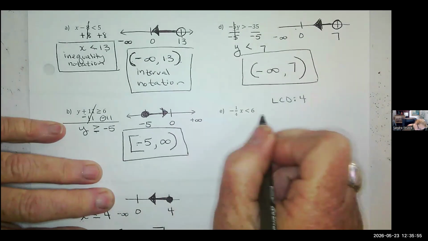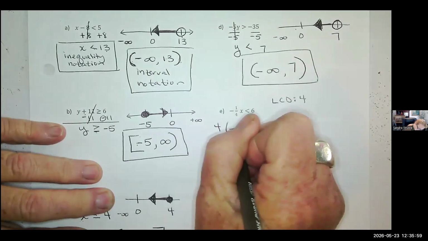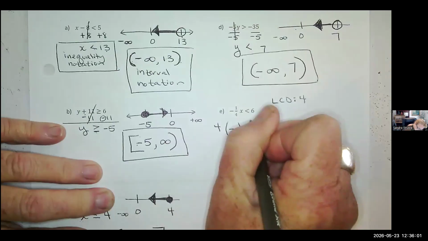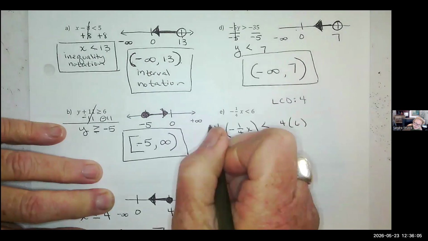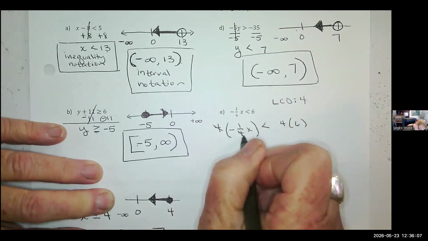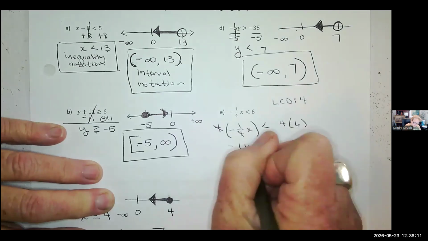So 4 times -1/4 x is less than 4 times 6. These reduce to 1, and we're left with -1x is less than 24. 4 times 6 is 24.